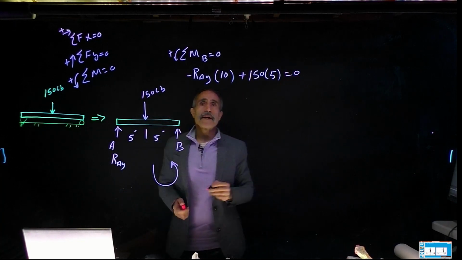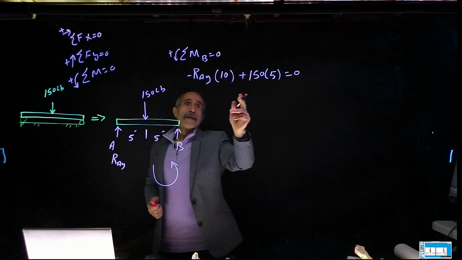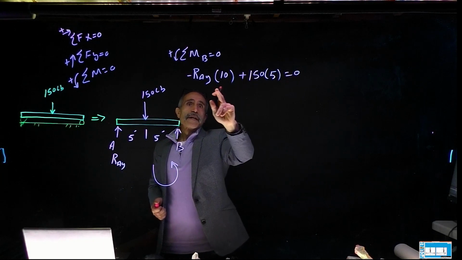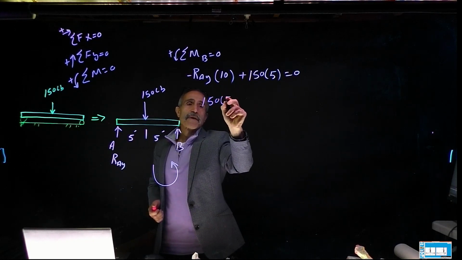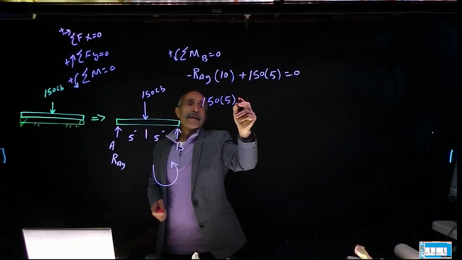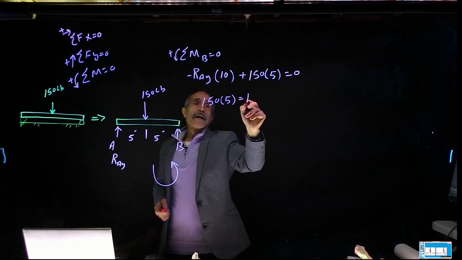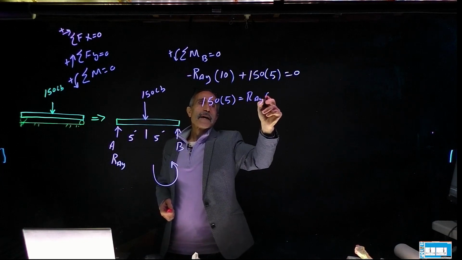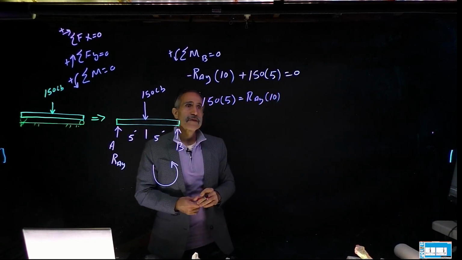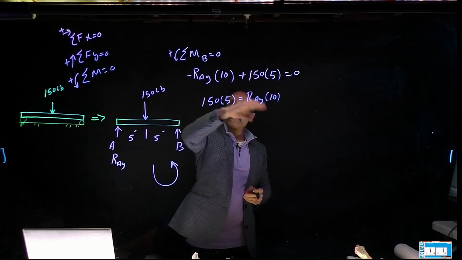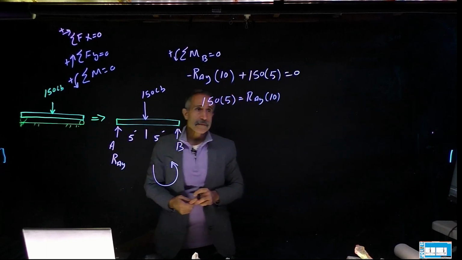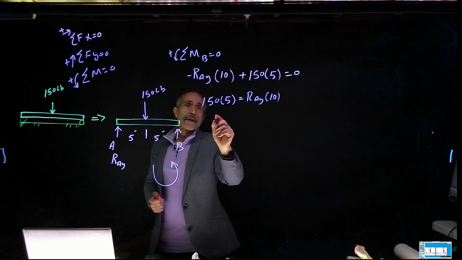And simple mathematics. So I'm going to say 150 times 5 equals RAY times 10. Why? Because it's simple mathematics, and if you send that to the other side, the sign's going to change. And therefore, I'm going to have 150 times 5.